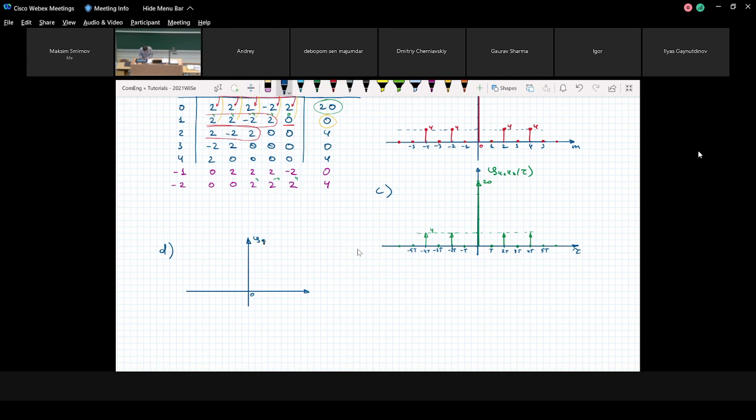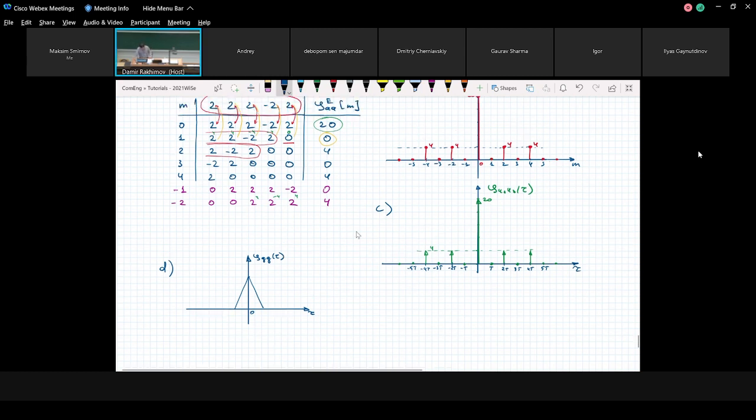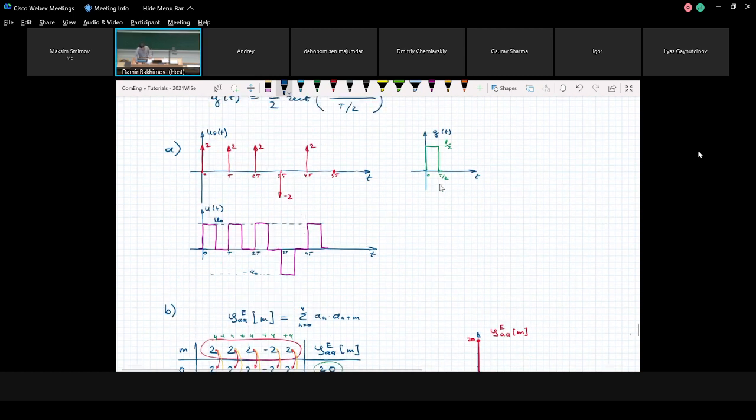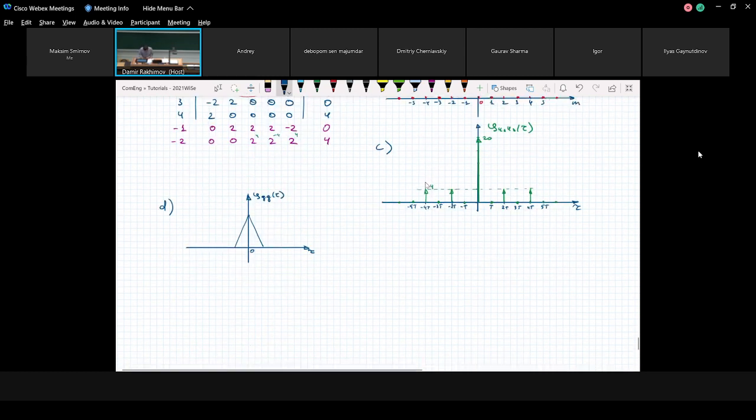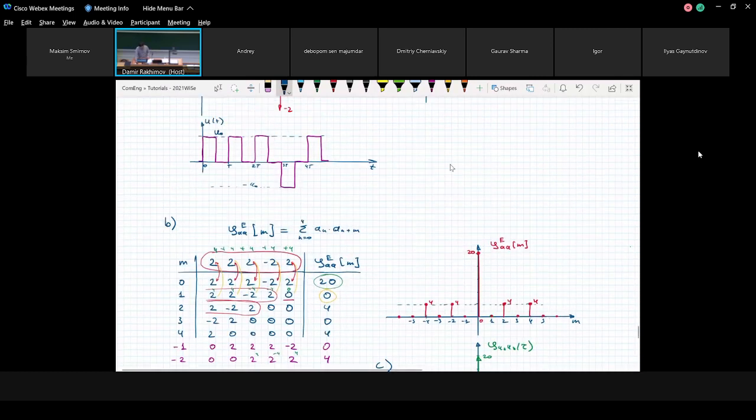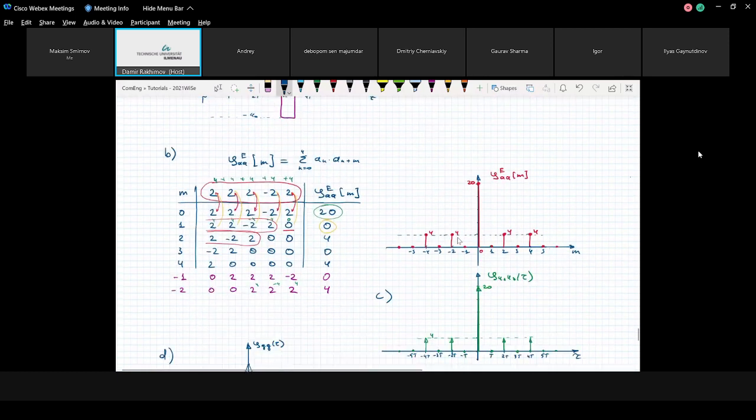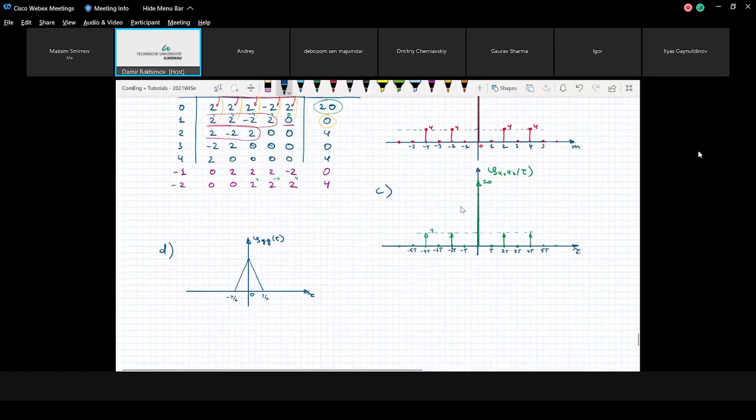Phi g of tau, function of delay. Let's show, it is just a rectangular, triangular pulse. It goes from -t/2 to t/2. And for the amplitude of this autocorrelation function, we need to be careful because the original amplitude was 1/2.